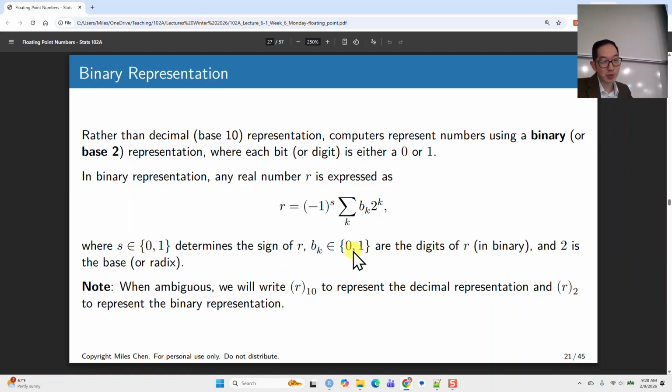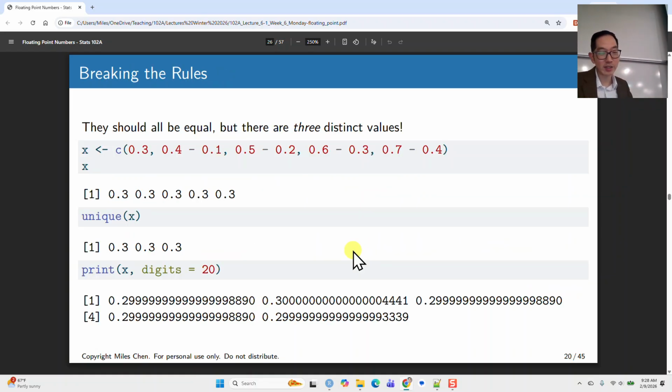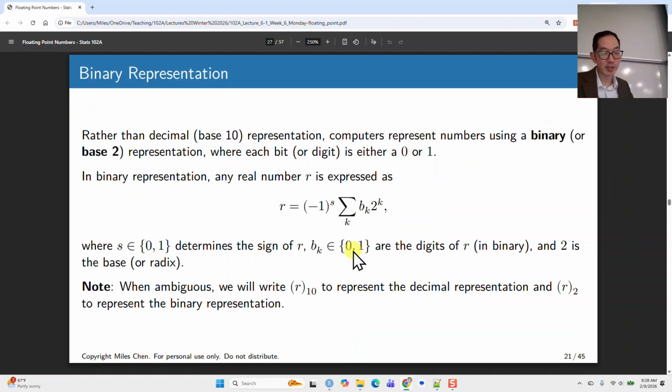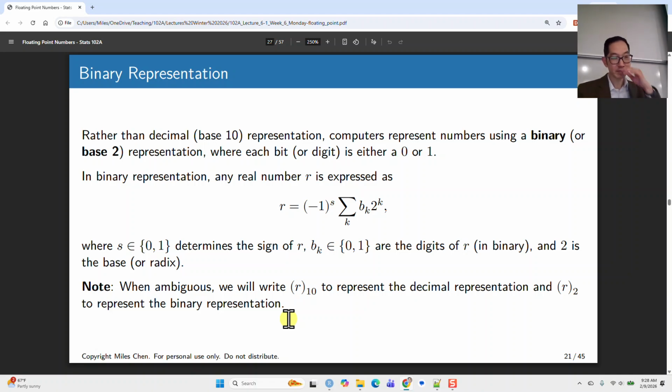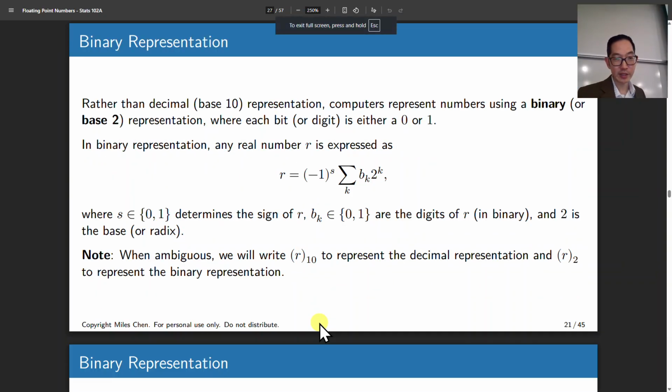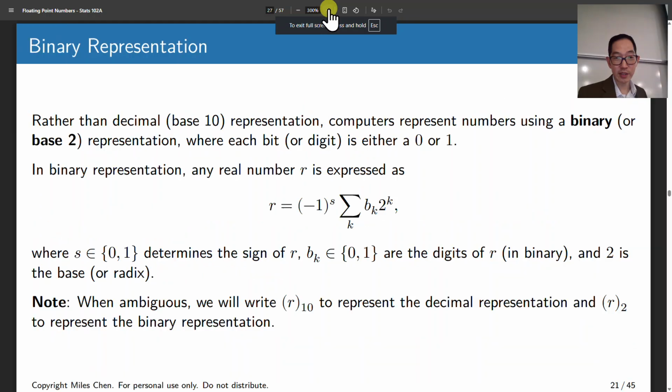So the computer approximation for 0.3 is different from the computer approximation for 0.4 minus 0.1, and you're just getting different approximations that aren't exactly the same. This is how we write things in binary.